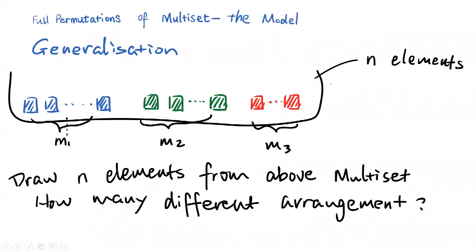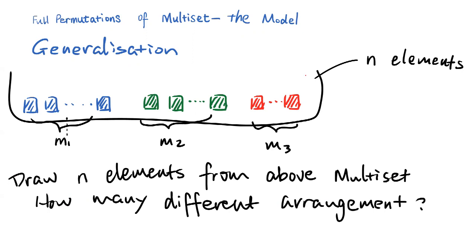Okay, so let's generalize this concept a little further. Suppose we have a container that contains M1 number of identical blue blocks and M2 number of identical green blocks and M3 number of red blocks. The question is, if I draw n elements from the above multiset, how many different arrangements are there?